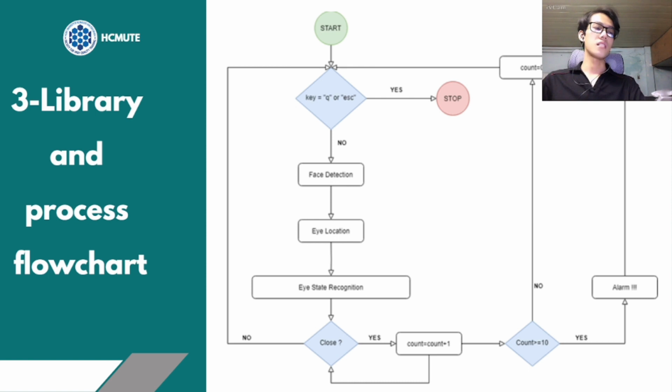And then after we calculate count equal count plus 1, we're gonna check if count is more than 10. Yes, we're gonna play the alarm, start the alarm sound, and if no, we're gonna restart count equal 0 and go back to check the key again.